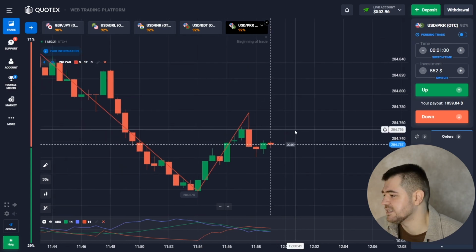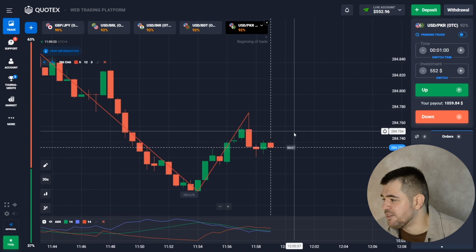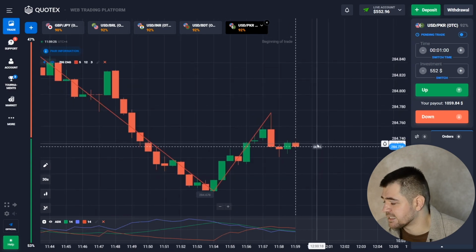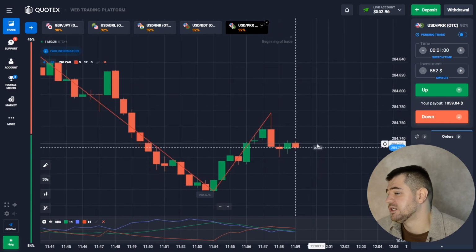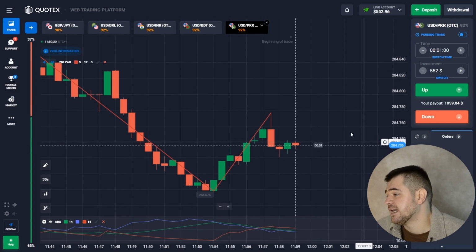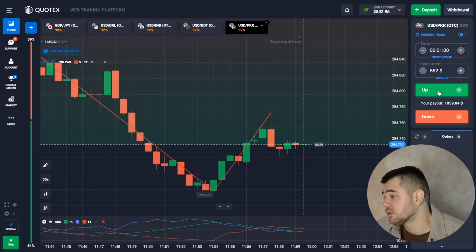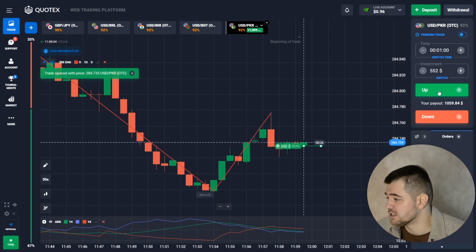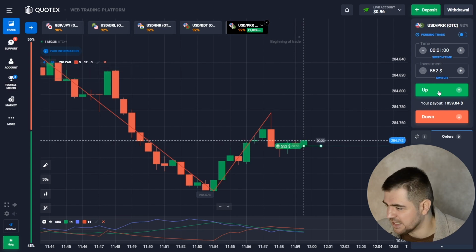So basically the zigzag and the ADX are both giving us an indication to go long. The trend is bullish, so let's get in there and let's wait.